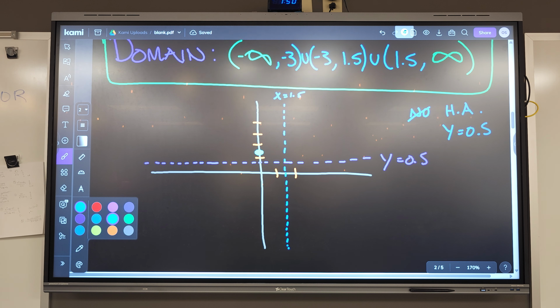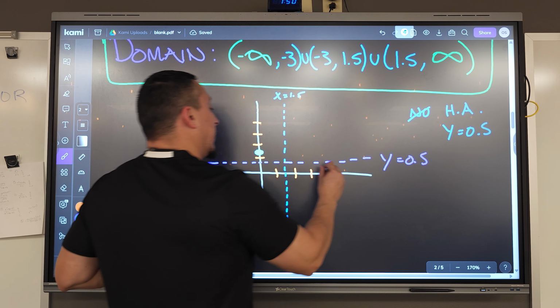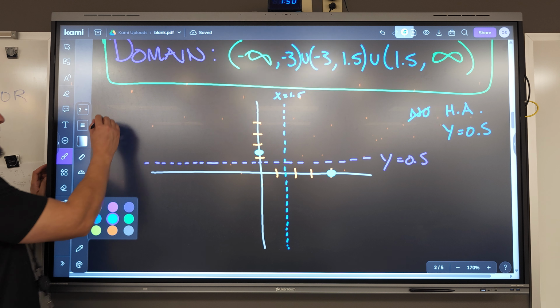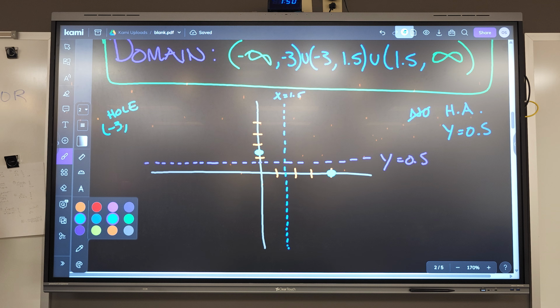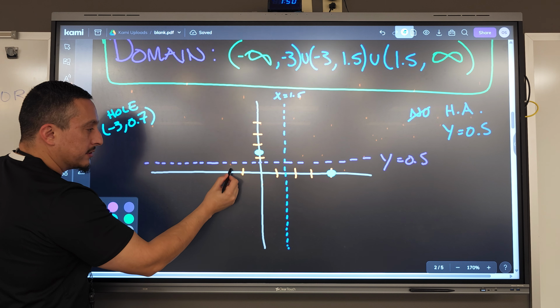The x-intercept is 4. Okay, so 1, 2, 3, 4. And then I believe we have a hole too, right? At -3, what? 0.7. So -3, 1, 2, 3, 0.7.